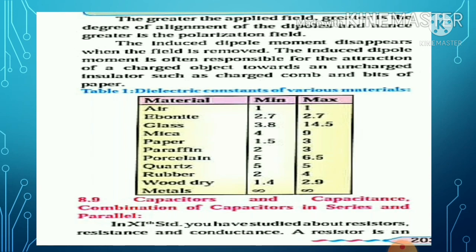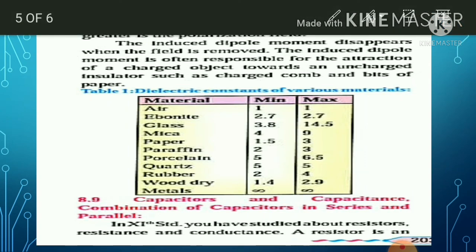Minimum value is 1.4 and maximum value is 2.9. And the last material is metals. All metals can be considered in this. For metals, the minimum value of dielectric constant is infinity and the maximum value is also infinity.